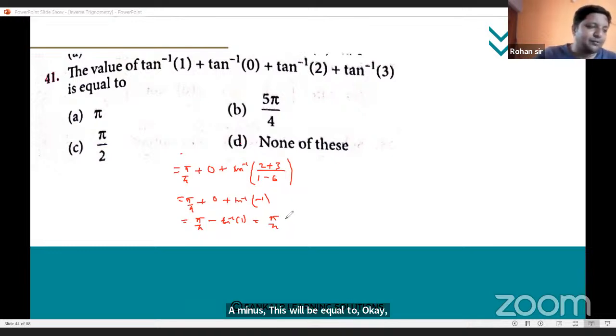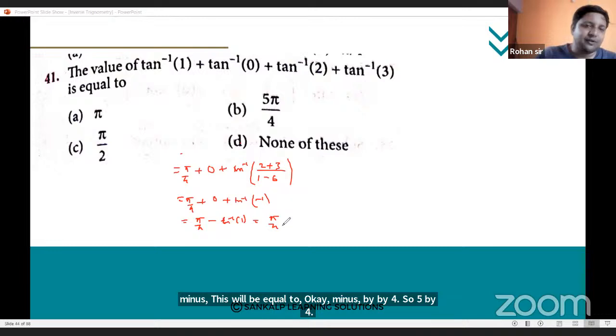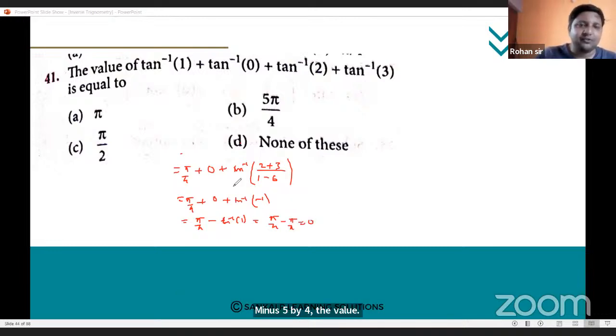So pi by 4 minus pi by 4, the value will be equal to 0. And out of the given options, none of these will be the right option.